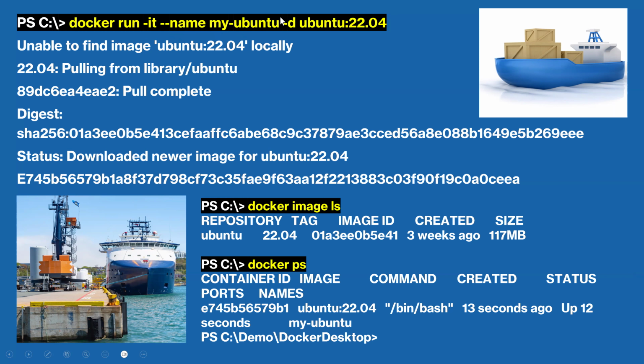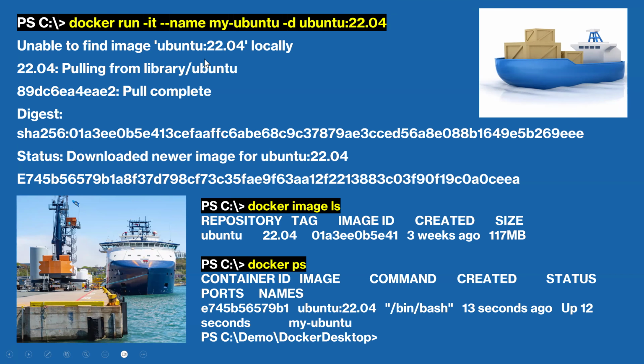And this -d is for detach, meaning that docker run is going to run this image that I'm just downloading, but I'm going to name it my Ubuntu, and then I'm going to detach as soon as I get it pulled.